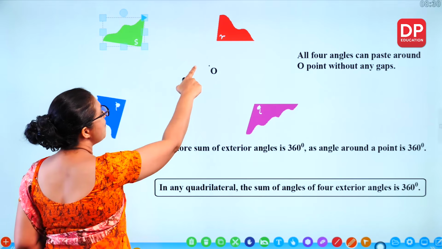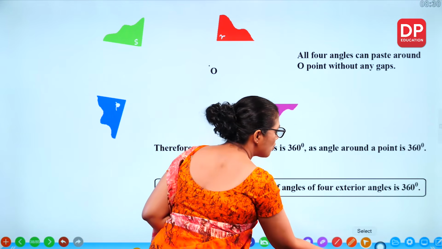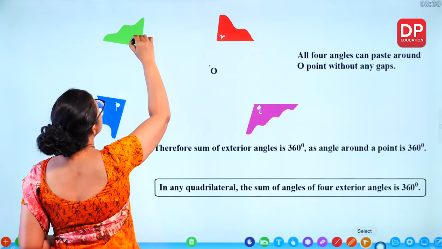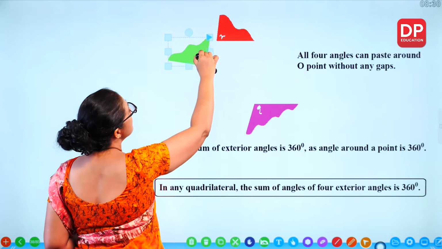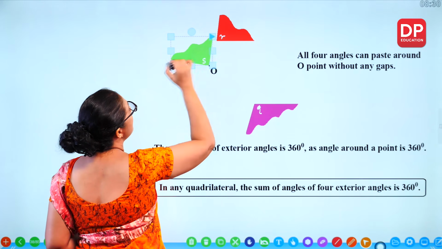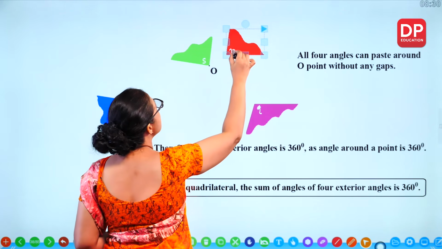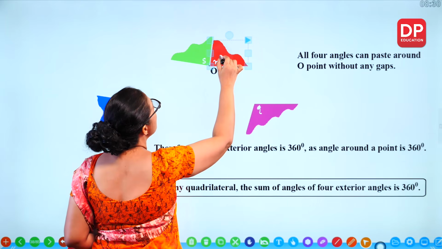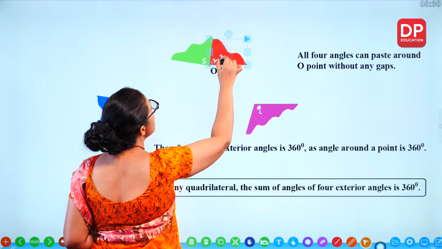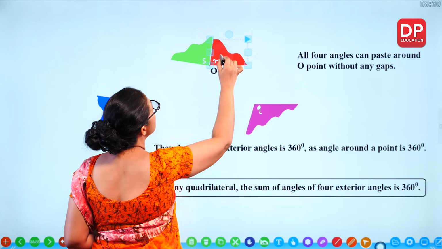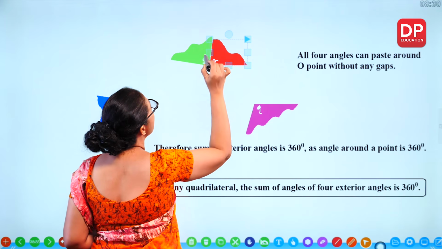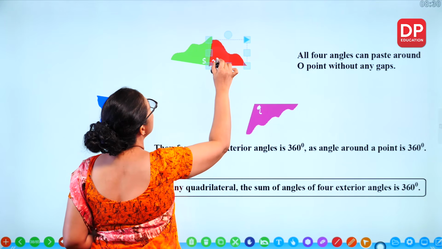So take any point O and try to fit these angles. So take one angle and keep like this, and take the other one and try to paste it without any gaps or overlaps. You can't keep gaps there.